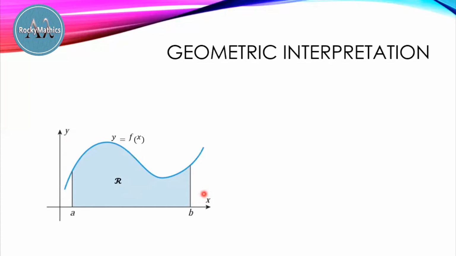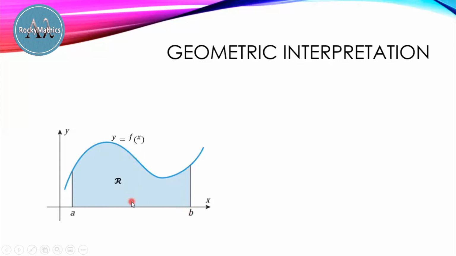To understand more what a definite integral really is, we have here its geometric interpretation. Suppose we want to know the area bounded above by this curve, let's say y is equal to f of x, and bounded below by the x-axis, and also bounded by the lines x is equal to a and x is equal to b.